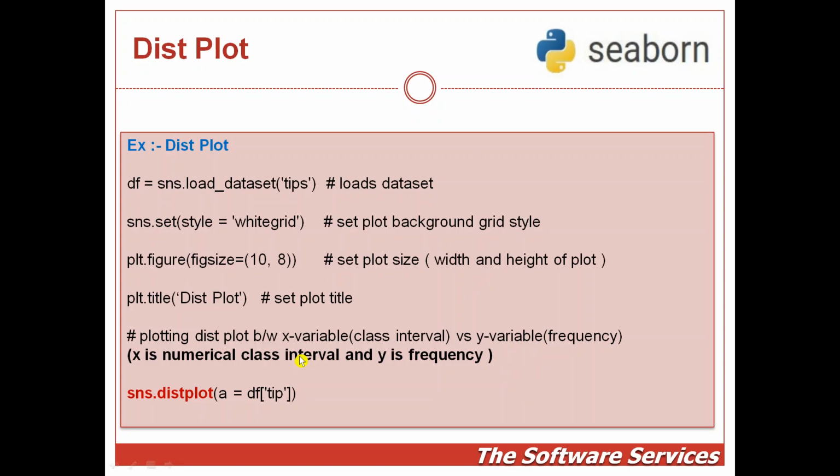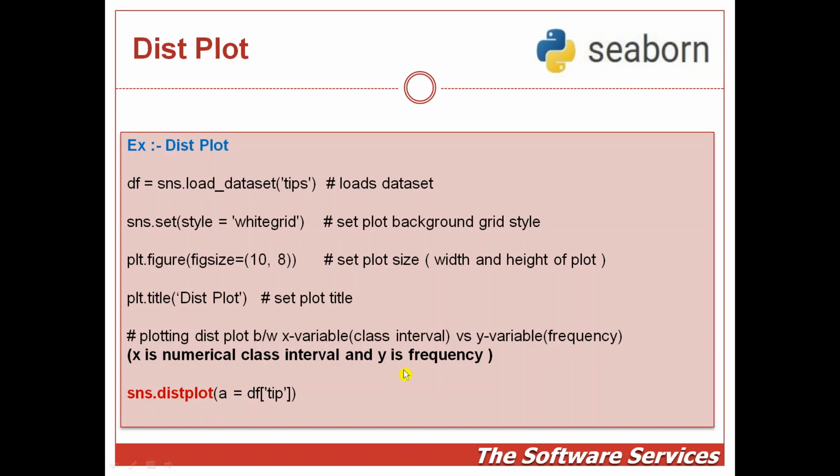The data we are giving, the class intervals will also be segregated by the Seaborn library. This is the method we are going to call from the Seaborn library, friends. The method is distplot, called distribution plot. Please note, in the parentheses we have to give only one column of data. That column's data type should be numerical in nature. Please remember this point.